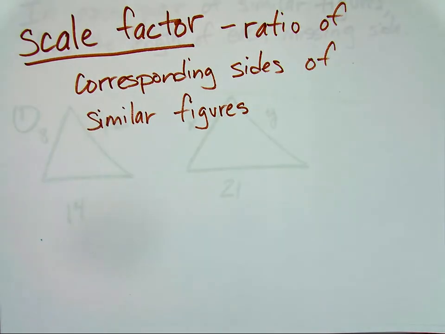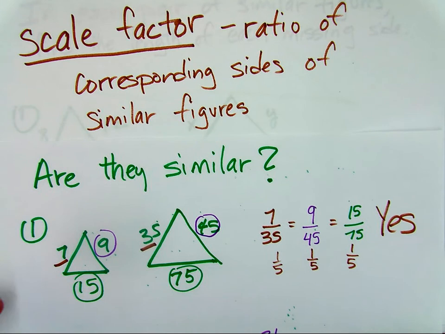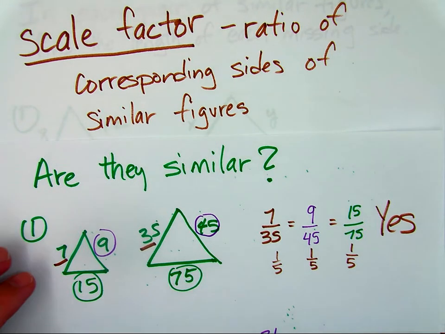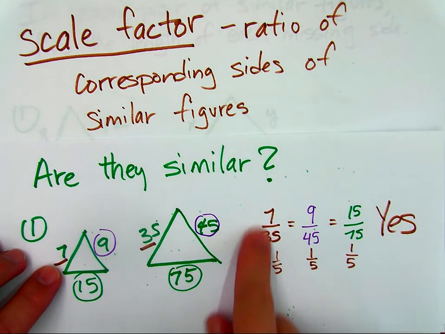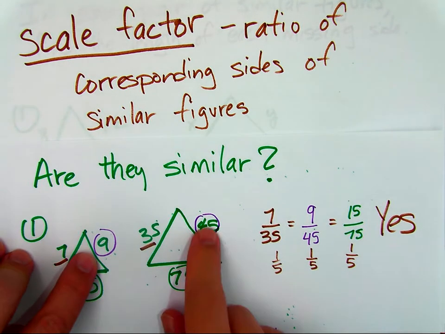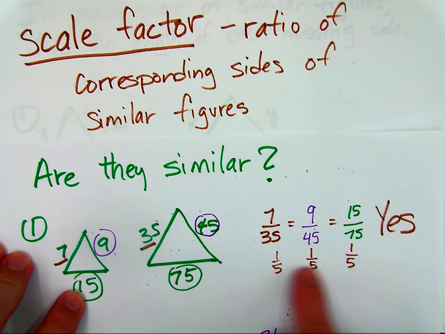Let's talk about something called a scale factor in similar triangles. Scale factor, here's the definition, is the ratio of corresponding sides of similar figures. If we look back at our previous example, the ratio of the corresponding sides here, we can take any set and just reduce it. 7 over 35, 1/5. 9 over 45, 1/5. 15 over 75, 1/5.